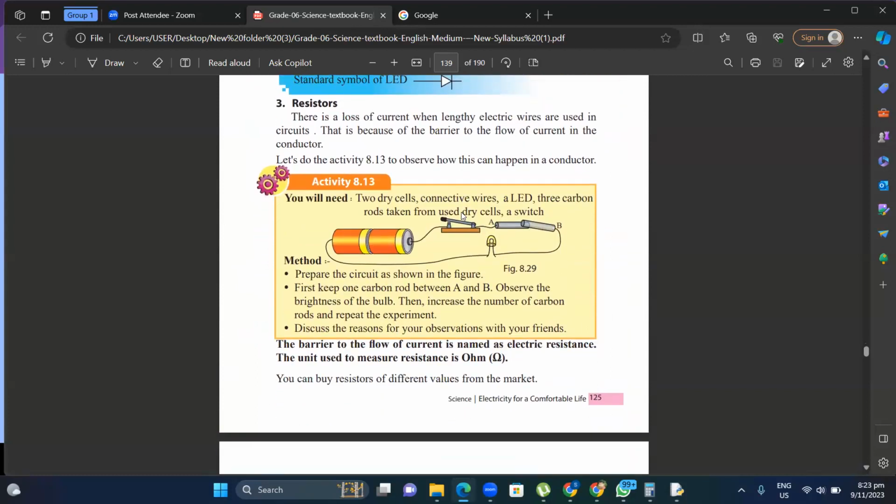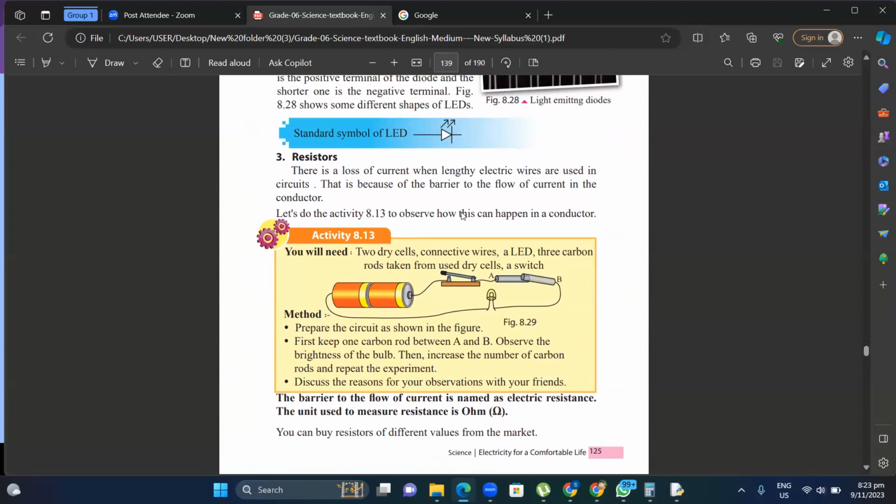Okay, the last thing that we are going to discuss is about resistors. But before that, I want you to do a small practical. Let's go to Tinkercad.